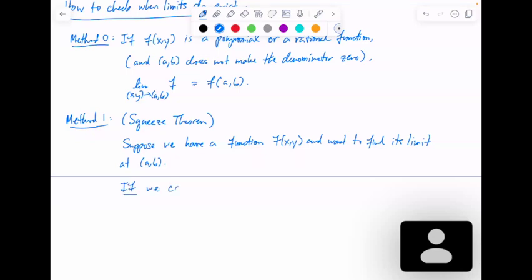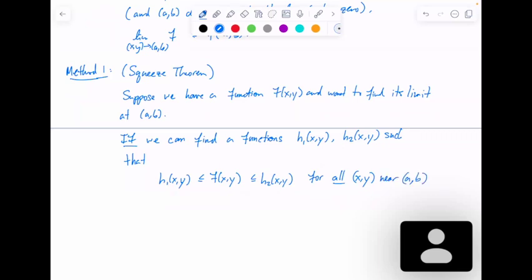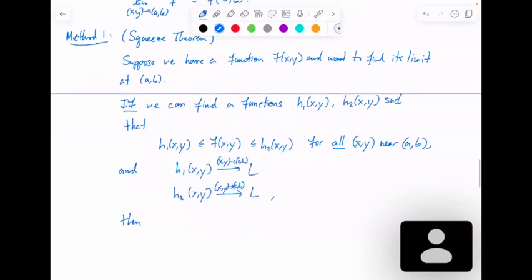If we can find functions, let's say h1(x, y) and h2(x, y), such that f of x, y is always in between these two functions for all points near the point I want to find the limit of, and the limits of these other functions approach the same thing, so h1 approaches L and h2 approaches L, then your function trapped in the middle, your original function, must also go to L as well.